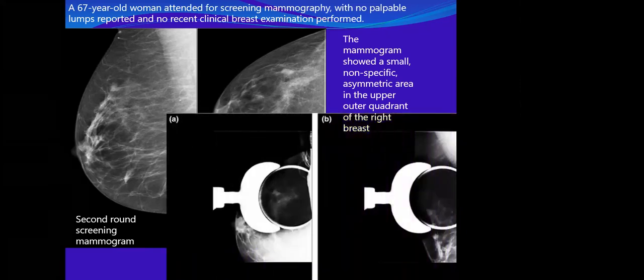So this is a spot compression view, done for you. This confirms the focal asymmetry in both MLO and CC.